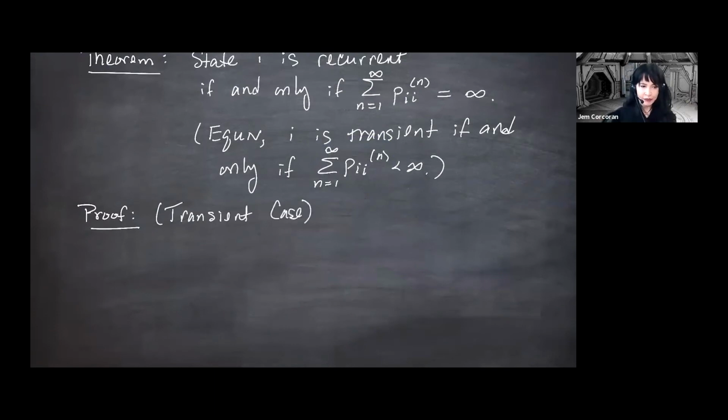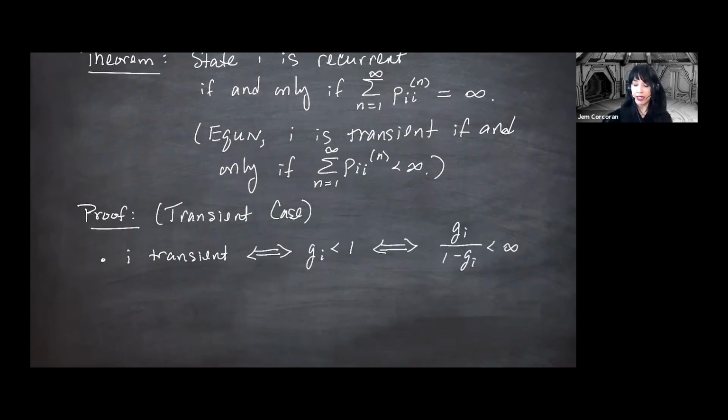So a state I is transient if and only if G sub I, the probability we will return, is less than 1. And this happens if and only if the ratio we computed, G_I over 1 minus G_I, is finite.